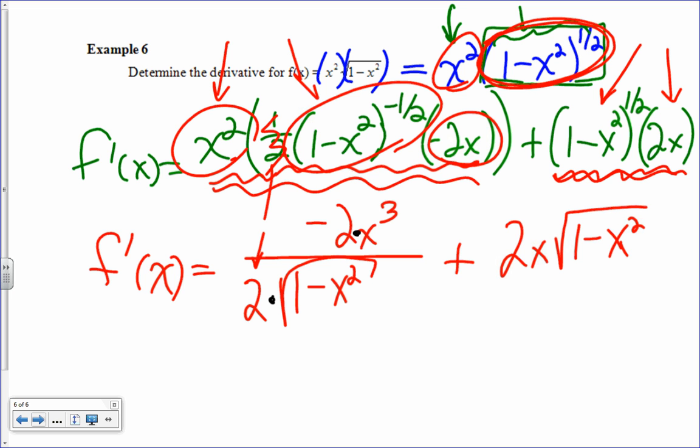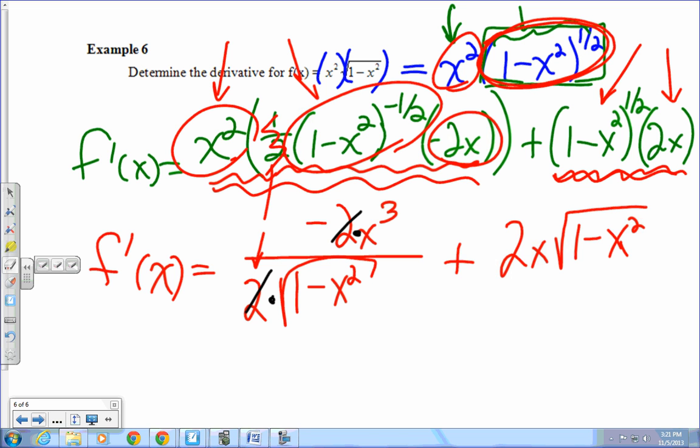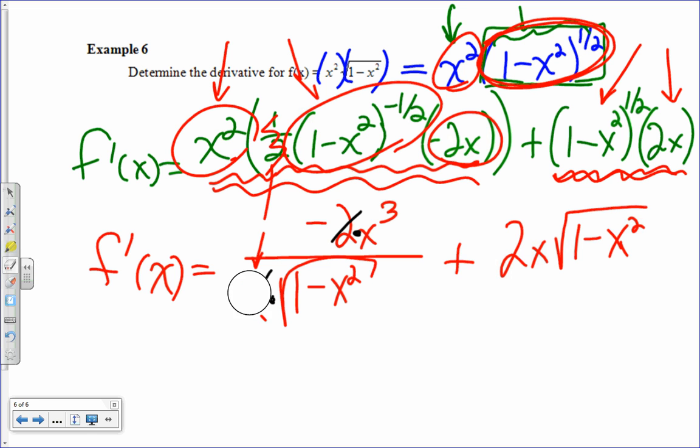And this is 2 times all of that. So really those do cancel. Okay. So in other words, that.